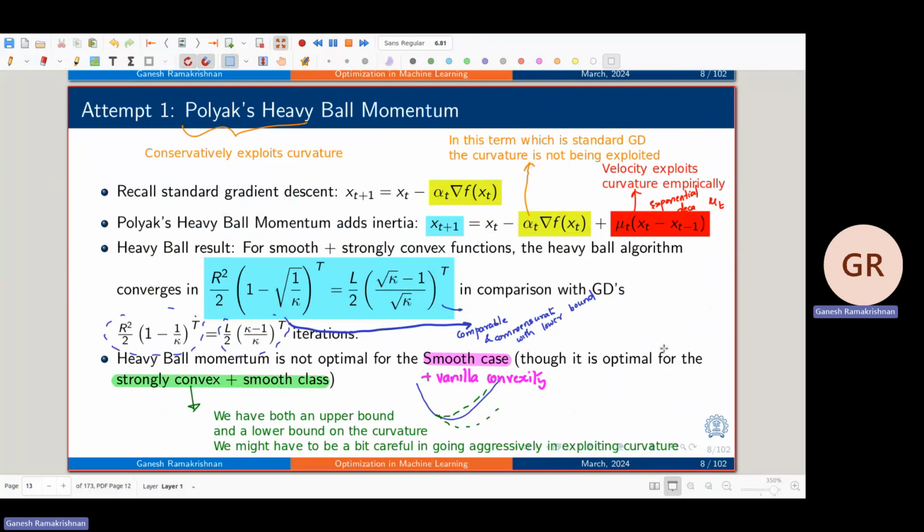You should have guessed that this is less just because it's a lower bound. You remember this was matching with a lower bound. I don't think you can do more. In the strongly convex plus smooth case, we have both an upper bound and a lower bound on the curvature already, so there's not much you can do.